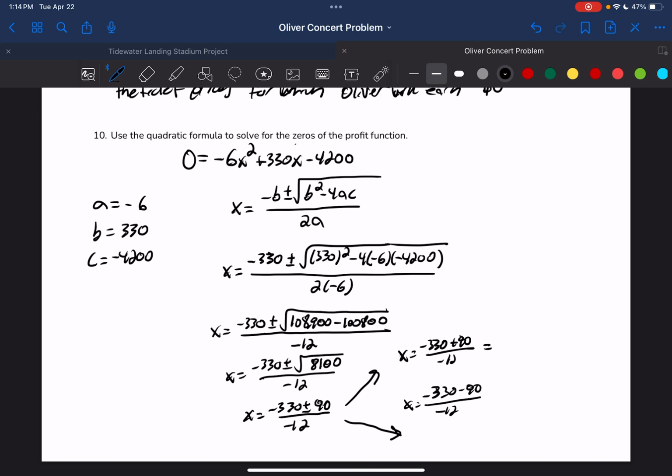So negative 330 plus 90 gives us negative 240 over negative 12, and that gives us a ticket price of $20. X is equal to 20.